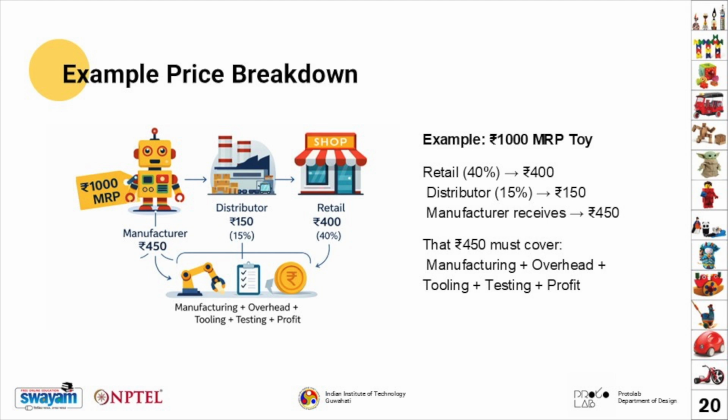That rupees 450 must cover direct material costs, labor, packaging, manufacturing overhead, tooling, amortization, certification testing, logistics to the distributor, and profit.